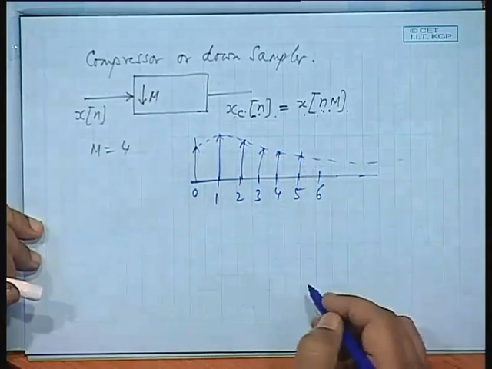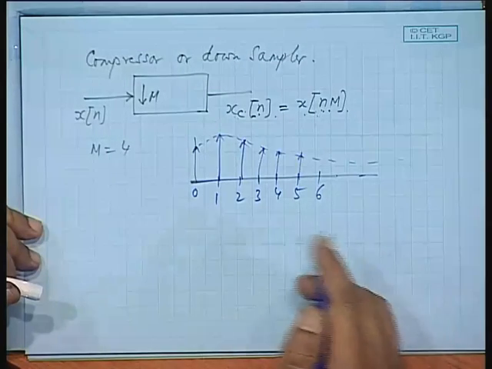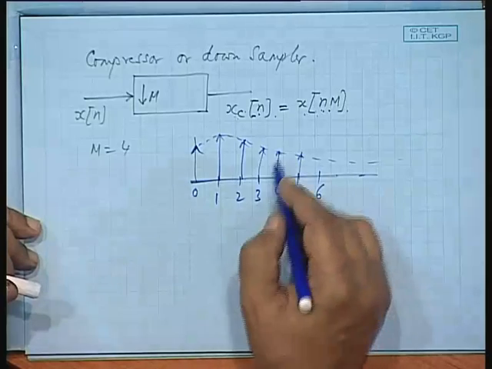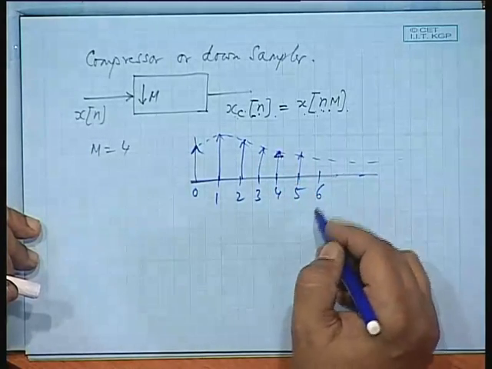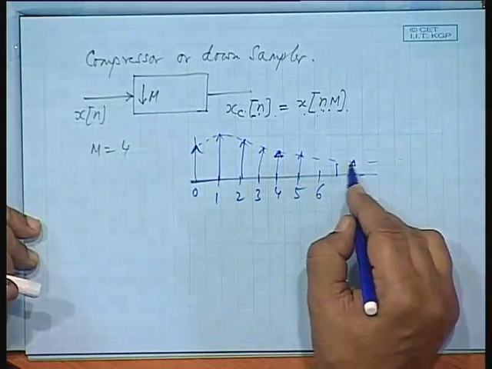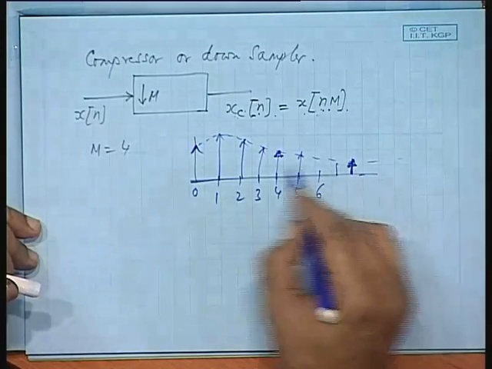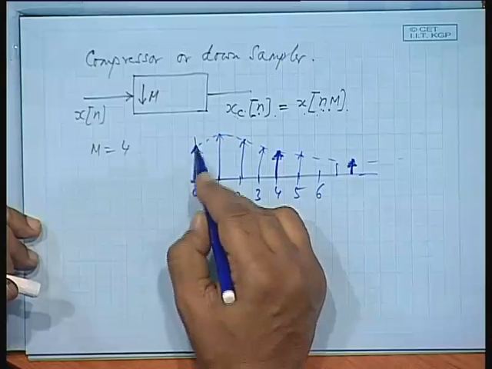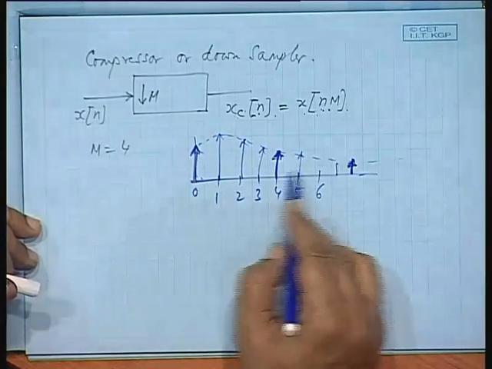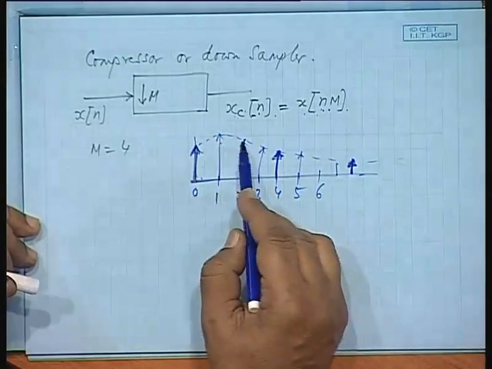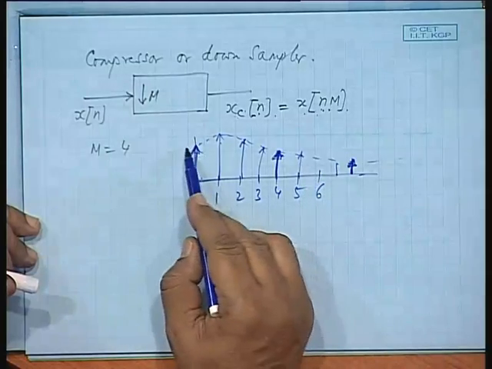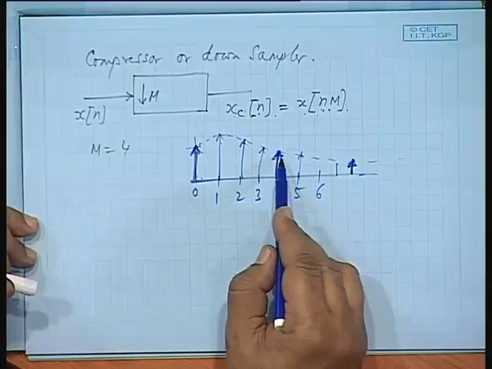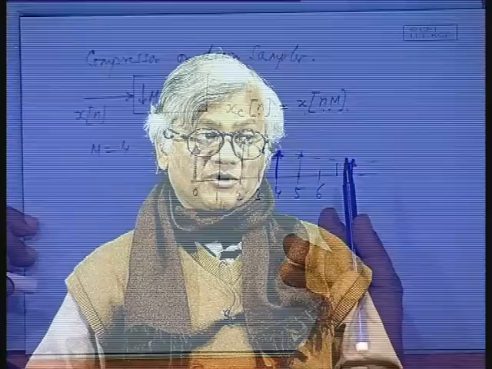Now, what you are doing in downsampling, you are changing the sampling rate, that means you are taking this point, then again this point, then again this point. So, I will darken these, the points that you are picking up when M is equal to 4. It is like this. Obviously, a lot of information is lost, because from this point to this point there has been a change, I have missed it out.